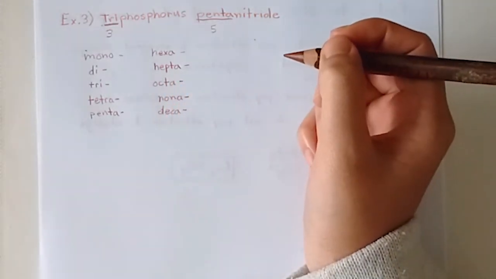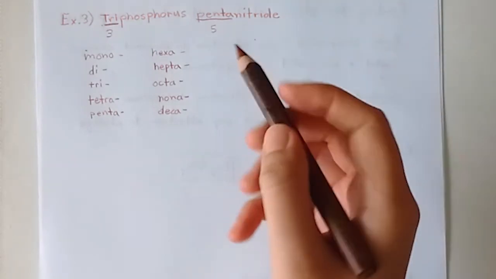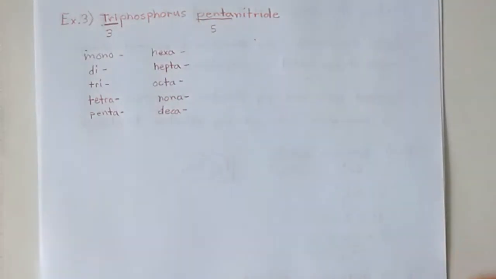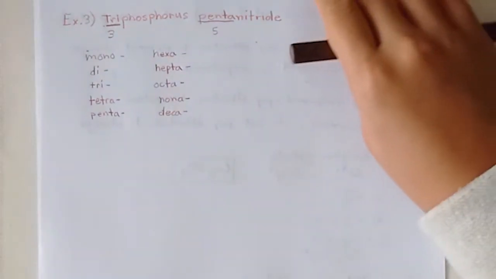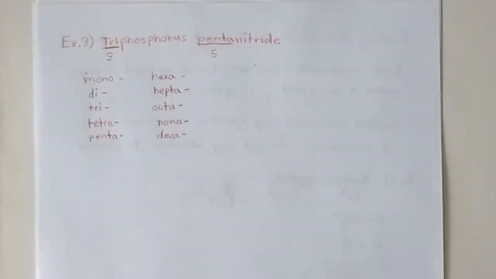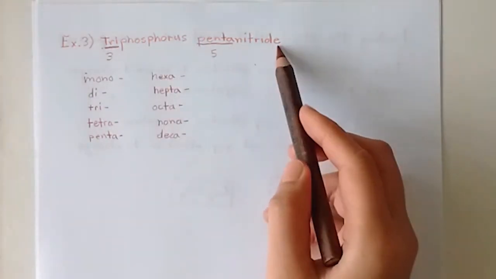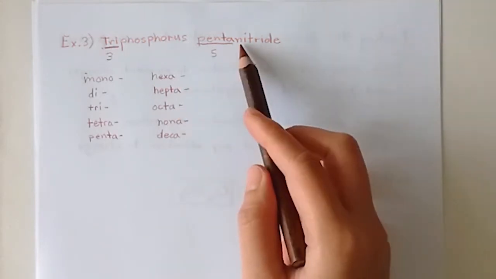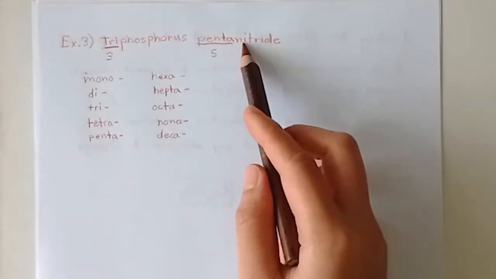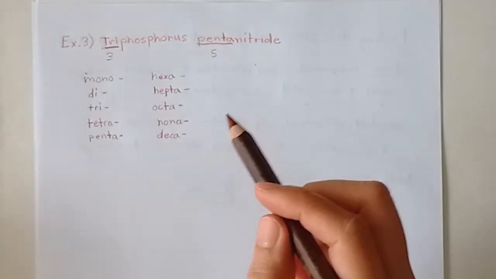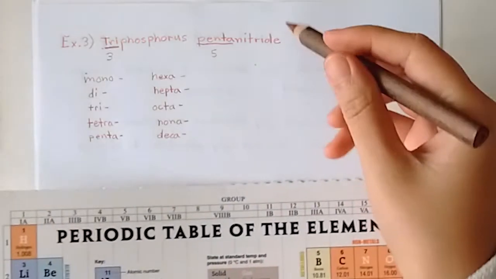Alright, so once we have identified what our prefixes mean, what number they indicate, we need to look for the symbols of phosphorus and nitride. Now from nitride, you know that it would be nitrogen here. This is just the ion name.